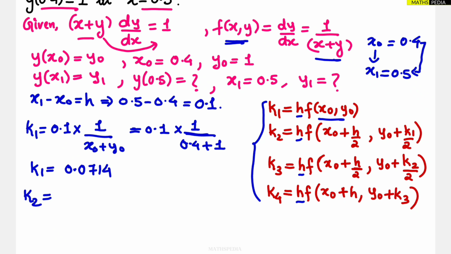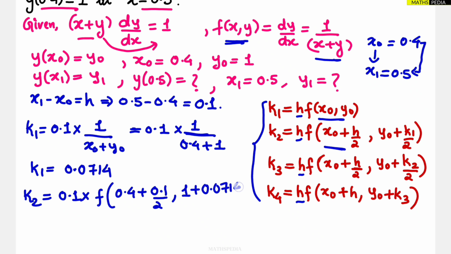So k2, again the same formula. h value is 0.1 into function of, now it has changed, x0 plus h by 2 comma y0 plus k1 by 2. Now x0 plus h by 2: what is x0 value? 0.4 plus h by 2, h is 0.1 by 2, comma, y0 value is 1 plus k1 value, the previous value 0.0714, divided by 2.